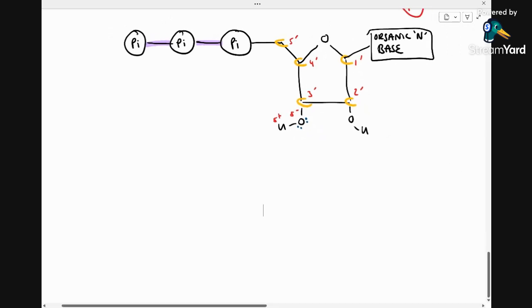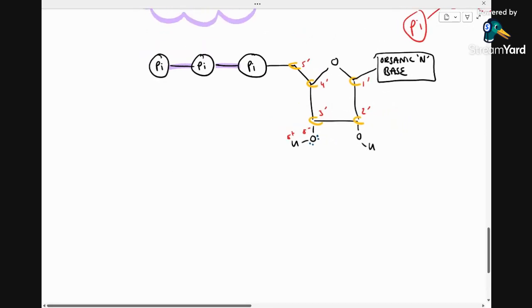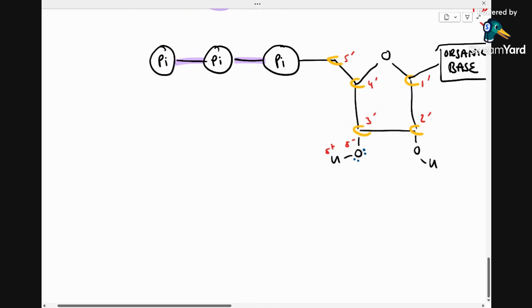I'll keep it in black, but this is in the RNA molecule itself. We want to attach this to the RNA molecule.